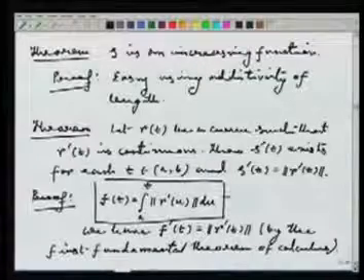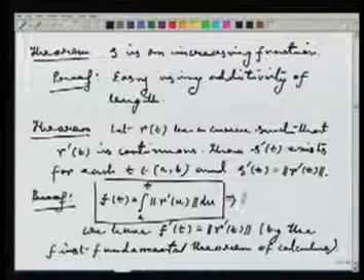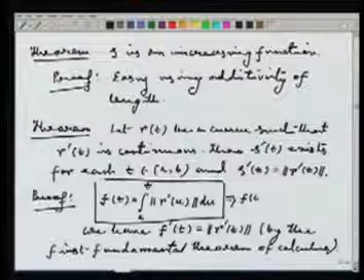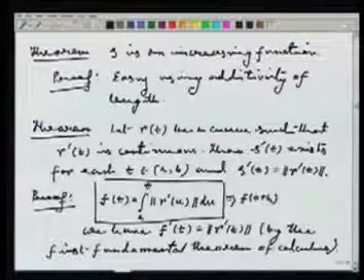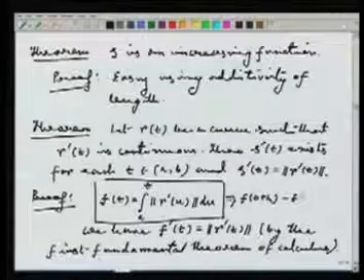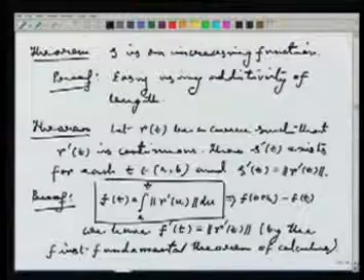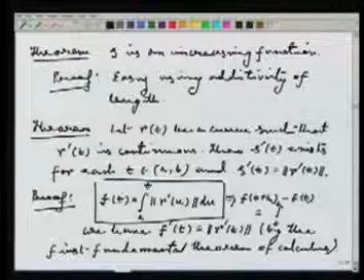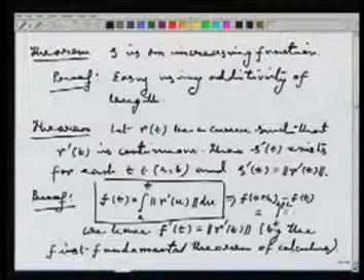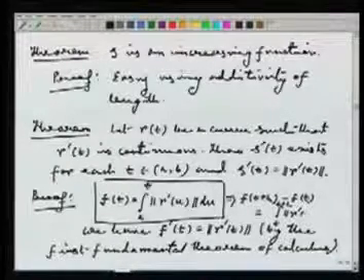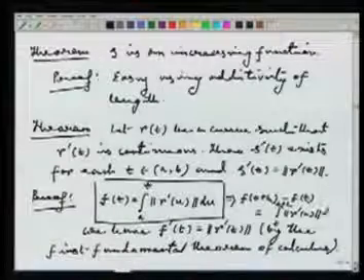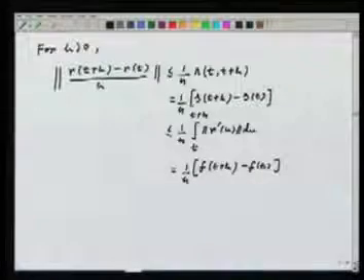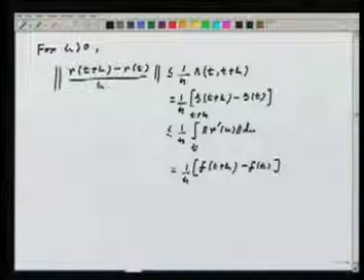From here it implies that f(t+h) minus f(t) is equal to integral t to t+h norm r prime(u) du. This is precisely what I have applied.